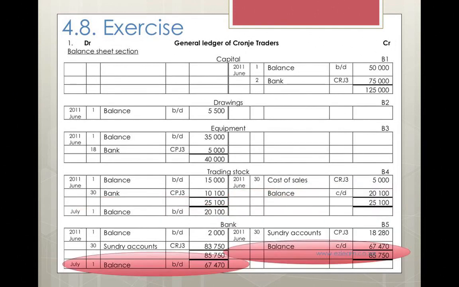The bank account you will balance in exactly the same way. It has totals of 85,750 as the debit side was bigger. You then fill in the missing amount on the credit side above the total and bring it down on the debit side below the total on July the 1st as a balance brought down of 67,470.